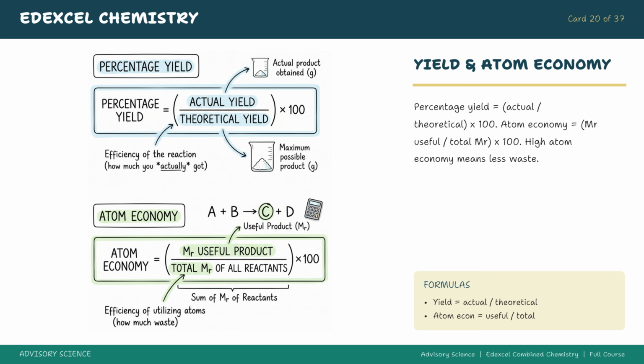It's the relative formula mass of the useful product divided by the total formula mass of all the products times 100. A high atom economy means less waste, which is what industry wants. Don't confuse the two. Yield is about how much you actually made. Atom economy is about the equation itself before you even start the reaction.